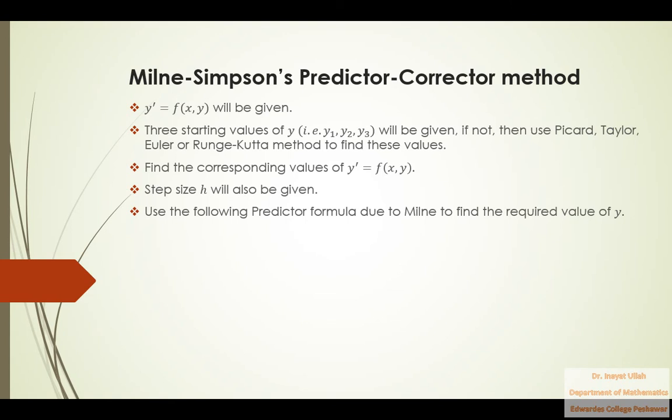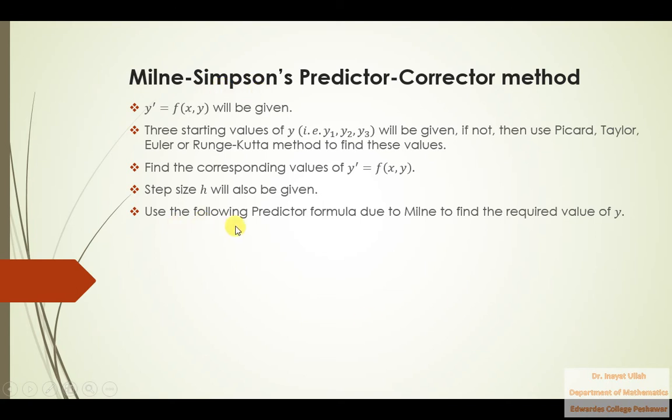So first of all, we need to use the predictor formula due to Milne. This predictor formula is due to Milne, and the corrector formula will be due to Simpson's.